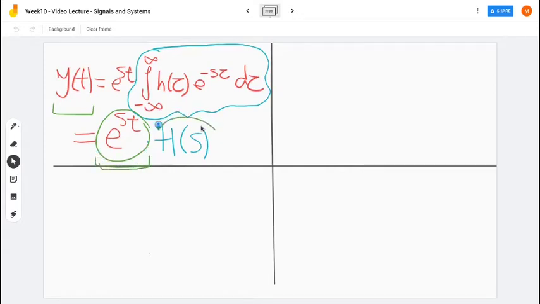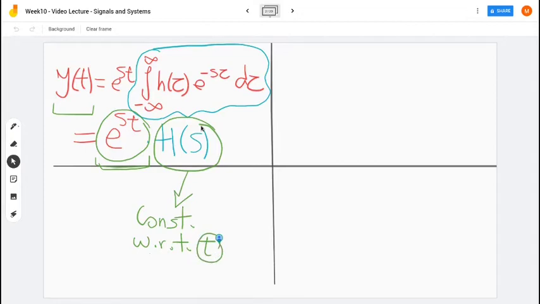And of course h of s is a function of the variable s, but it's considered to be a constant with respect to time. So h of s is a constant with respect to time t.